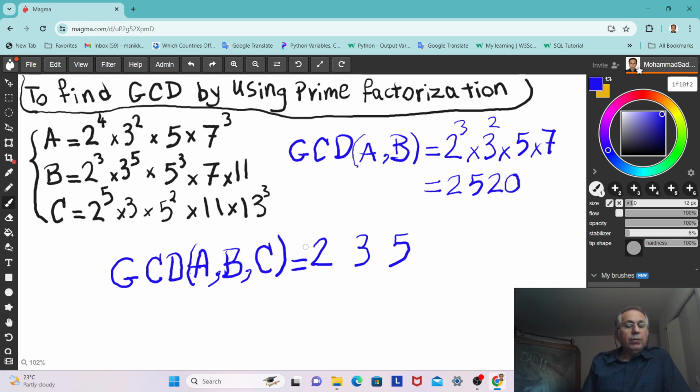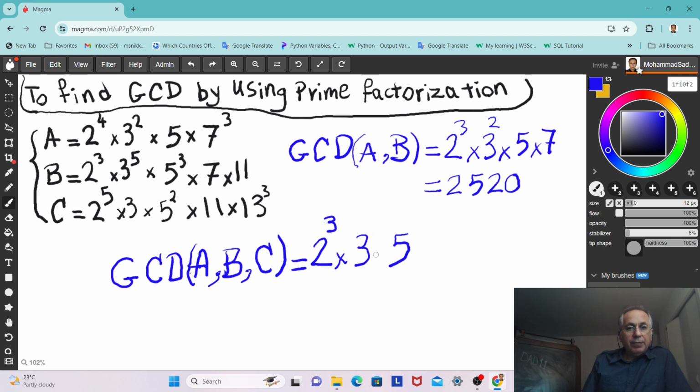Now we go to the third step, which is recognizing the least exponent. The least exponent for 2 is 3, 2 to the 3 times. The least exponent for 3 is 1 here.